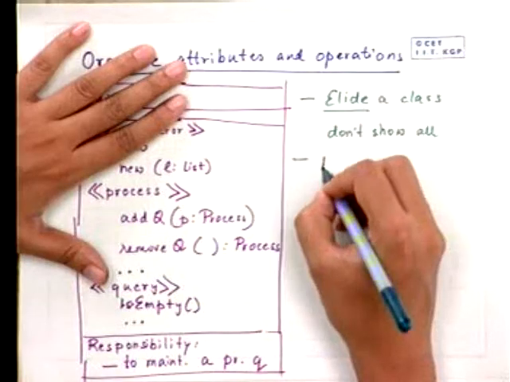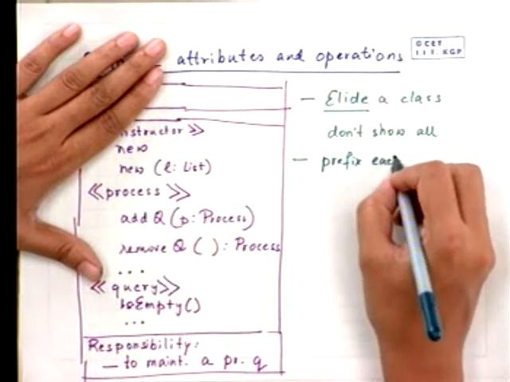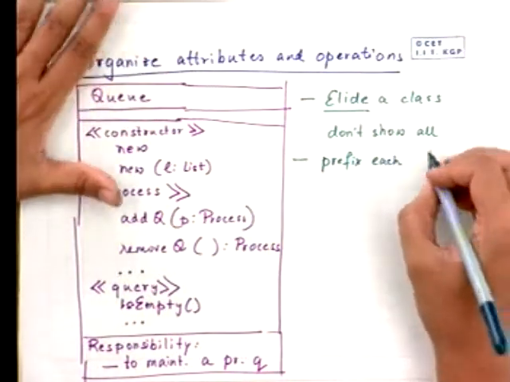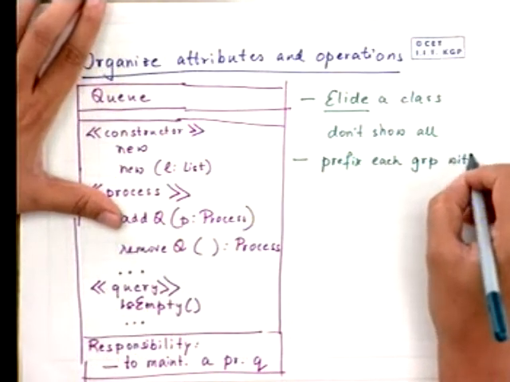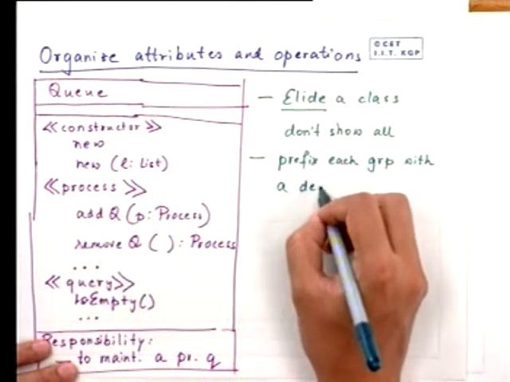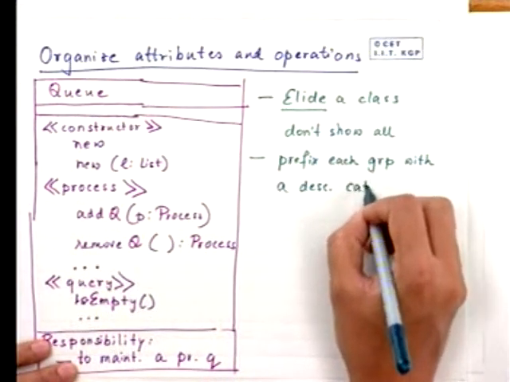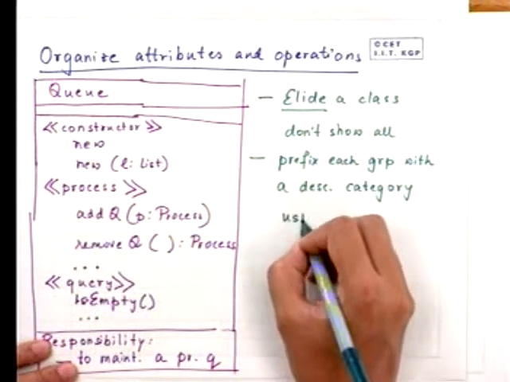Secondly, to organize a long list of attributes or operations, we can prefix each group of attributes or each group of operations with a description category using stereotypes.